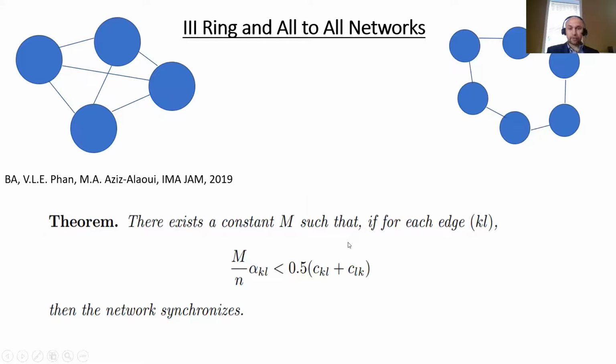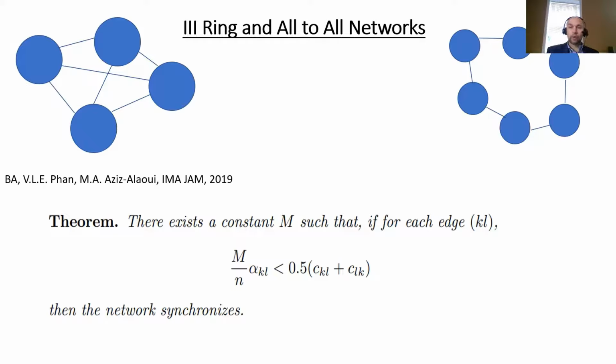Okay, and then with this definition, we can prove the theorem for a large class of networks. And we can prove that there exists a constant m such that if for each edge KL, this inequality holds, then the network synchronizes.